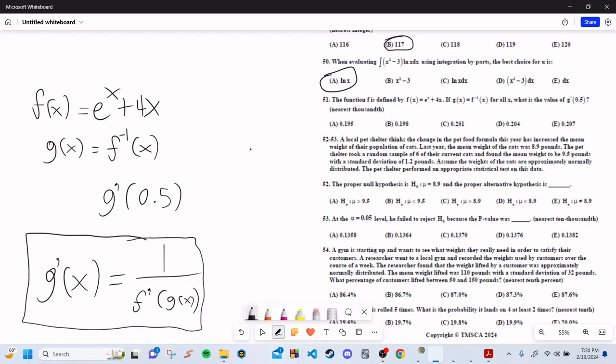Okay, so I've got to get g of 0.5. And remember, g of 0.5 is basically asking, I set f of x equal to 0.5, then what would my x be, right? That's why it's called an inverse function. So I need to solve for my x, so I can plug this equation into my solver.